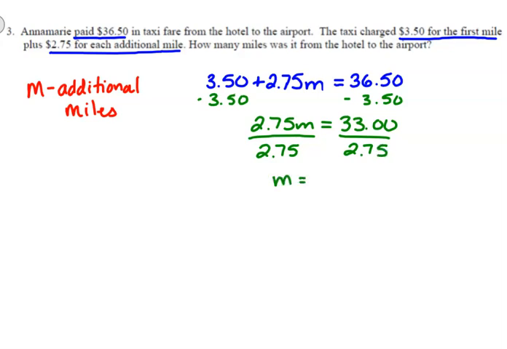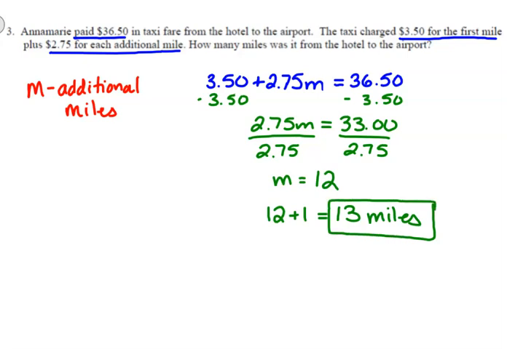If I divide by 2.75, that gives me 12. But that's 12 additional miles plus the 1 mile at $3.50. So I have to say that this is 12 plus 1, which is 13 miles as my final answer.